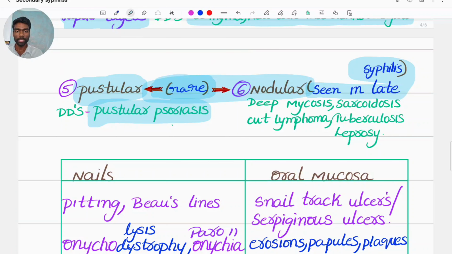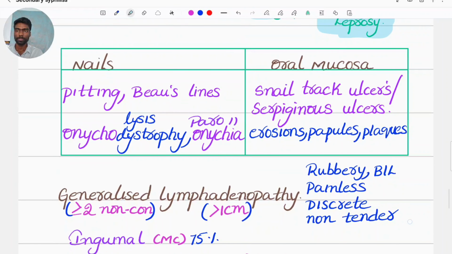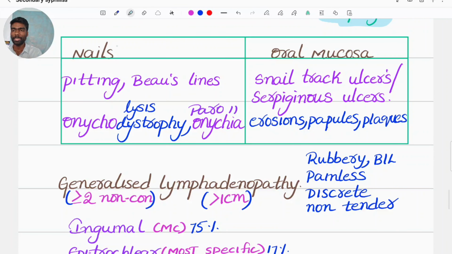Coming to DDs of nodular syphilide: deep mycosis, sarcoidosis, tuberculosis, cutaneous lymphoma and leprosy. Coming to nail features of secondary syphilis: pitting, paronychia, onychia, onycholysis, onychodystrophy and Beau's lines.